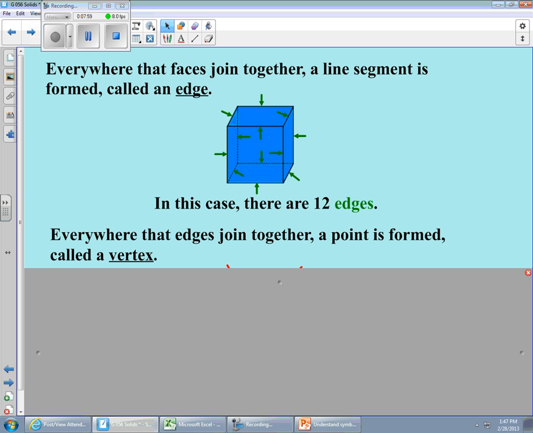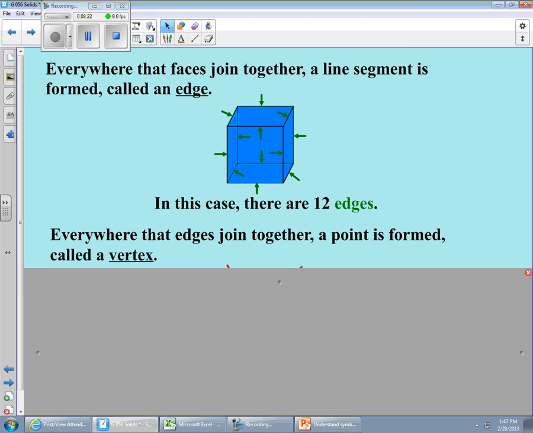Now these line segments, these edges, they're going to bump into each other as well. And everywhere that edges join together, a point is formed. And that point is called a vertex.